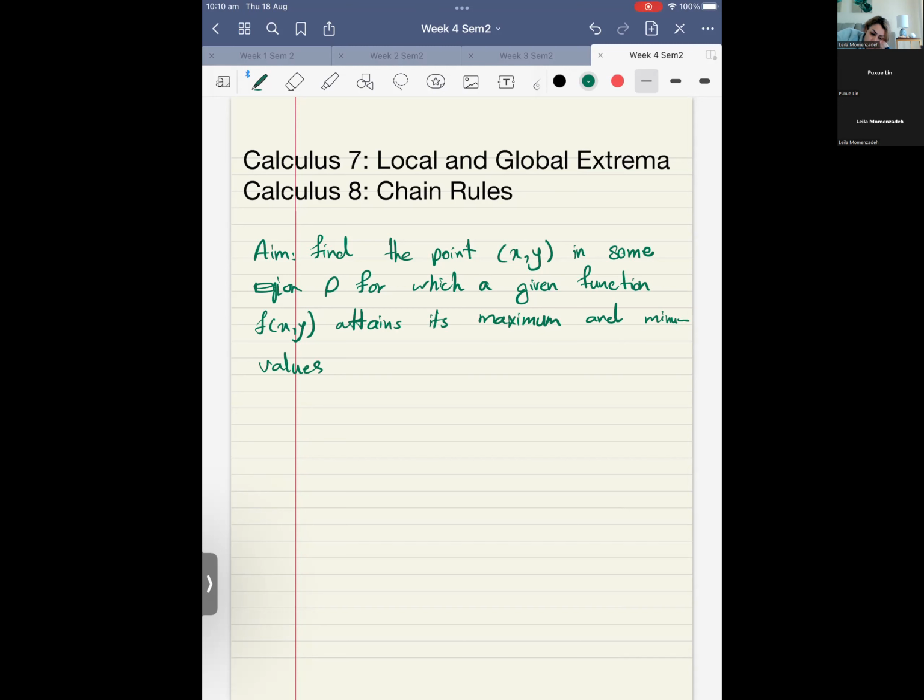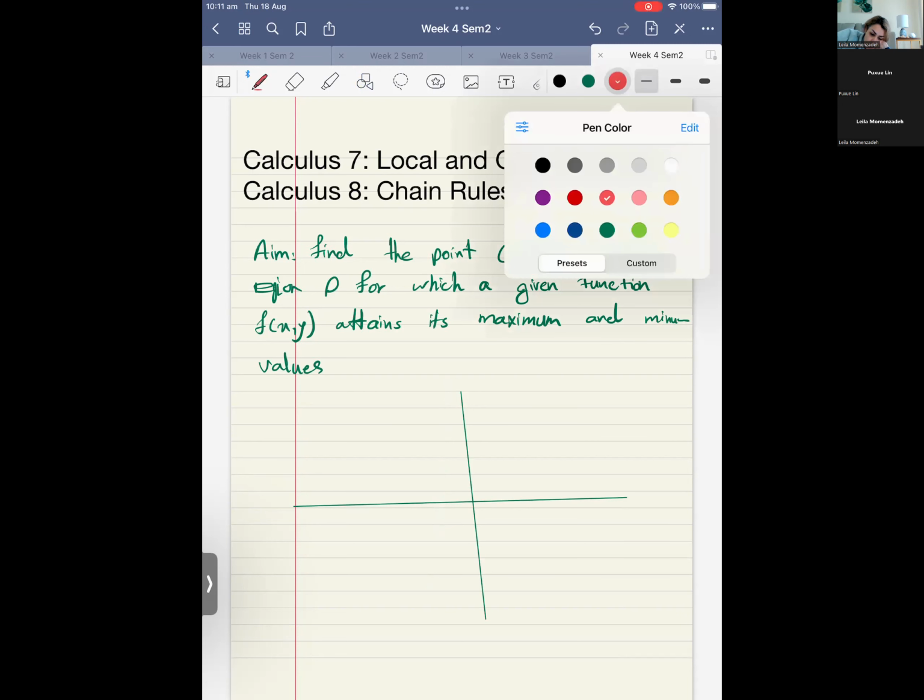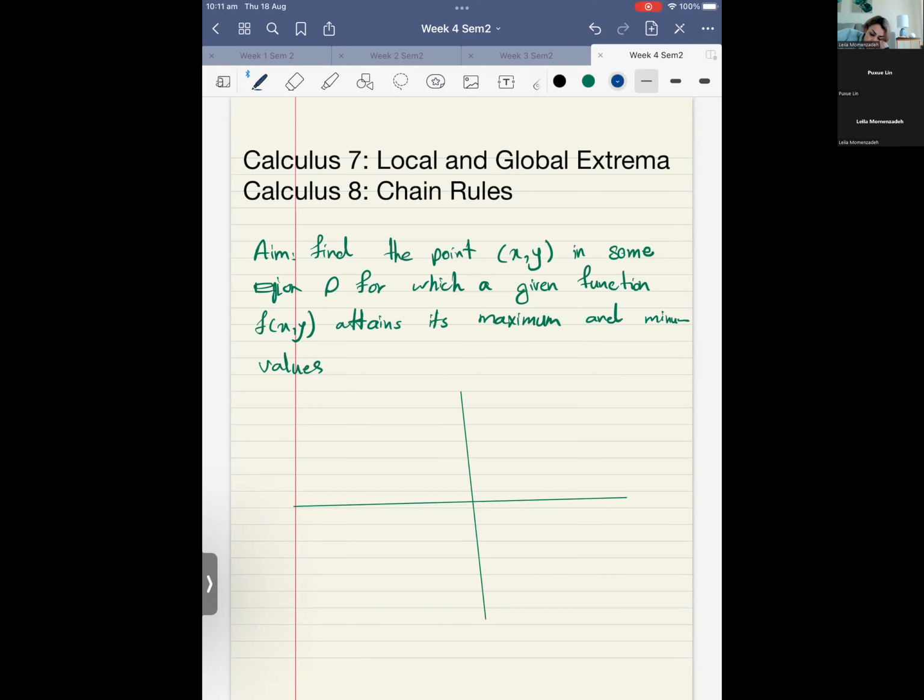I think you remember that in 2D, a two-dimensional graph, when you have a graph such as this, I call it y equals f of x. As you know, this is x, this is y.